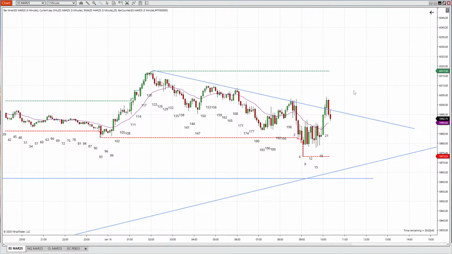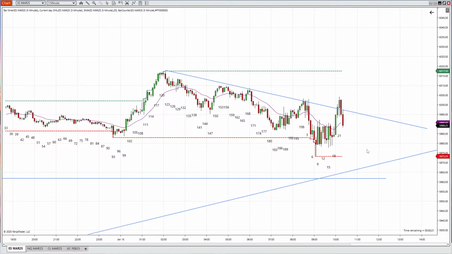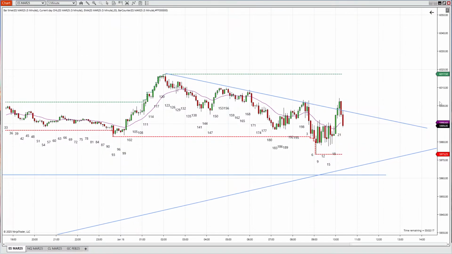But we have to keep in mind the context of the day. Context of the day is that we're at the moving average on the daily chart. We're probably not going to get a big break either way. That means that any sort of upside you get as a bull is likely limited. Any downside you get as a bear is likely limited. And if you are a bear here, you probably look at this and see a double top.